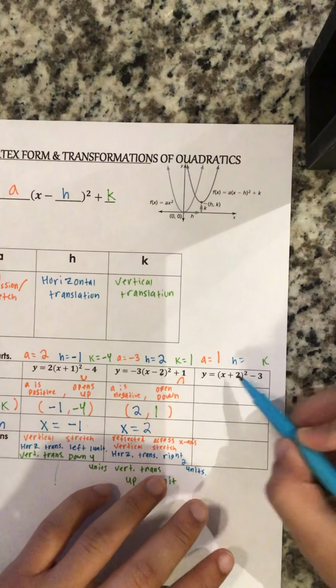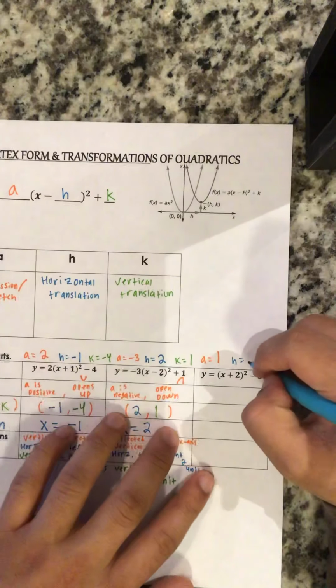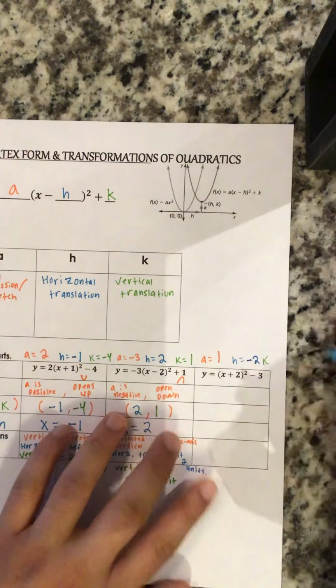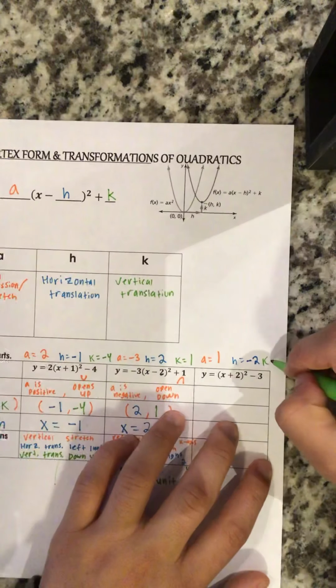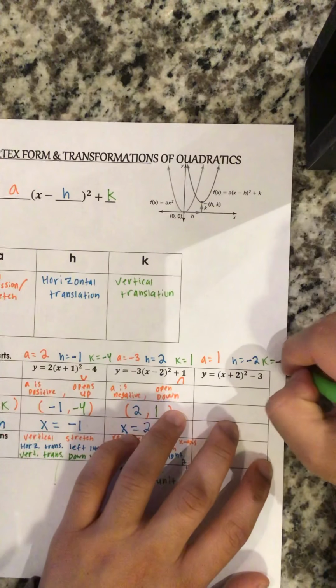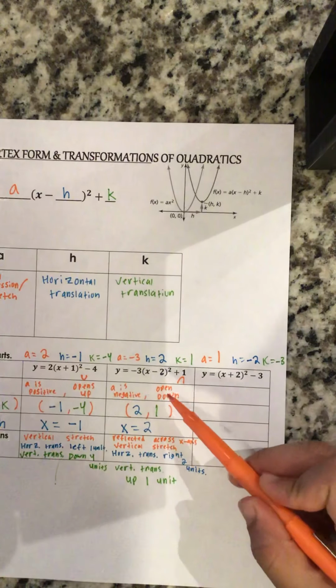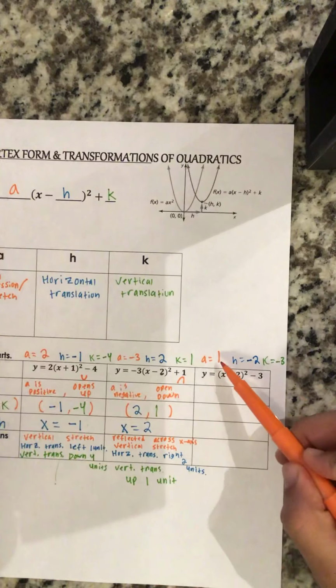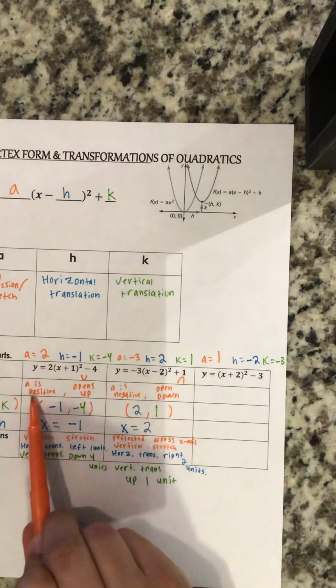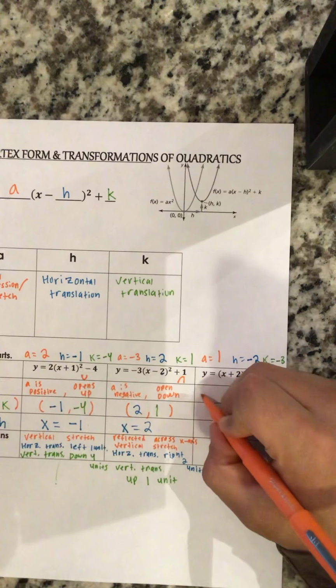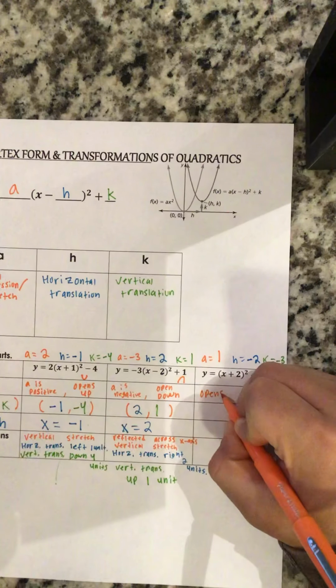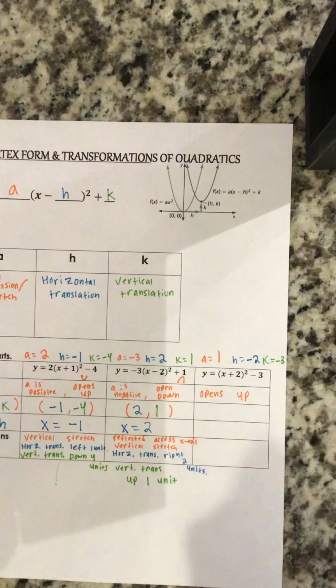It's not 2. It's the opposite sign of that, so it's a -2, okay? And then K, that's the easy one. It's just -3, okay? So, again, we look at the A to tell which way it opens. Since it's 1, and 1 is positive, we know that this one opens up, okay?